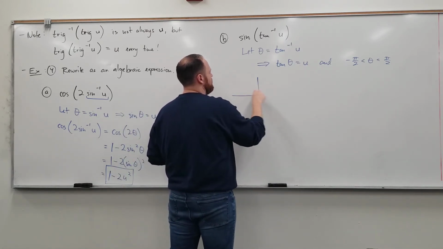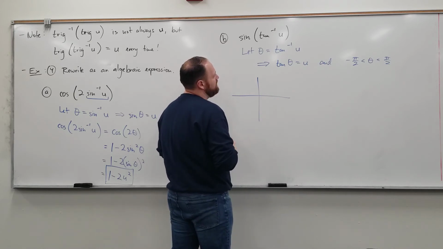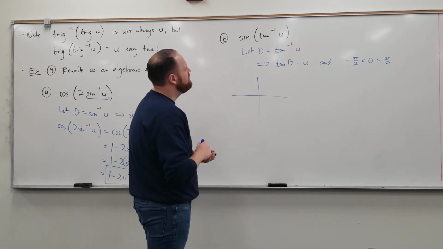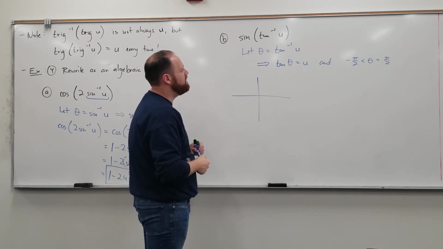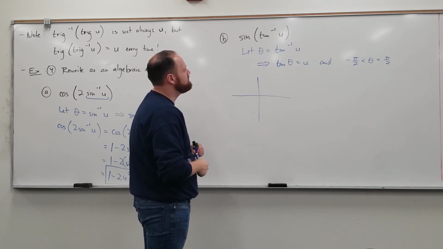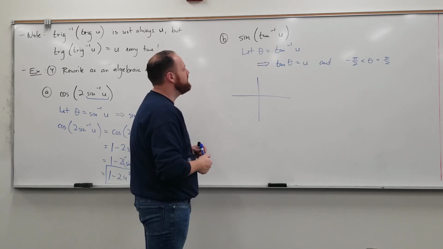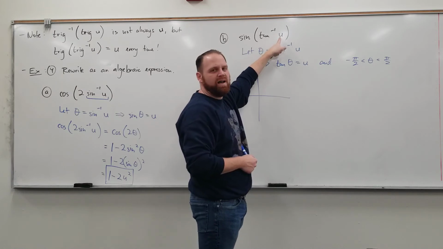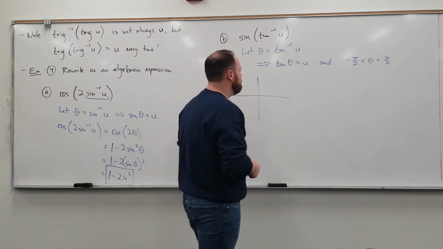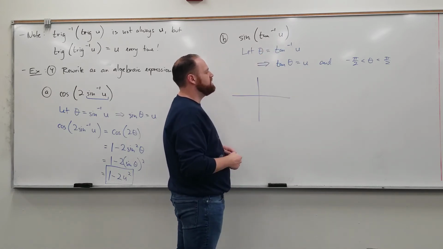Okay? I guess we don't actually know which quadrant we're in. That would depend entirely on whether u is a positive number or a negative number, right? So we can look at two separate cases.